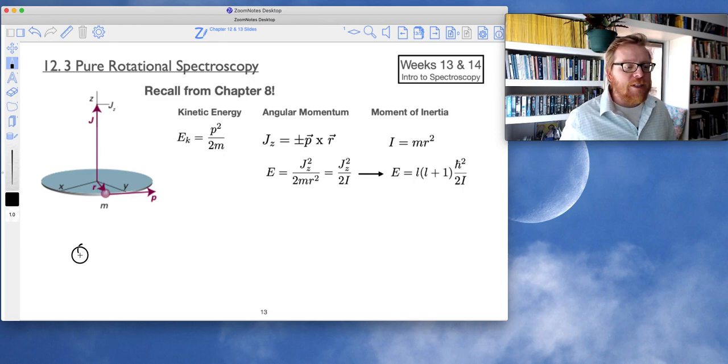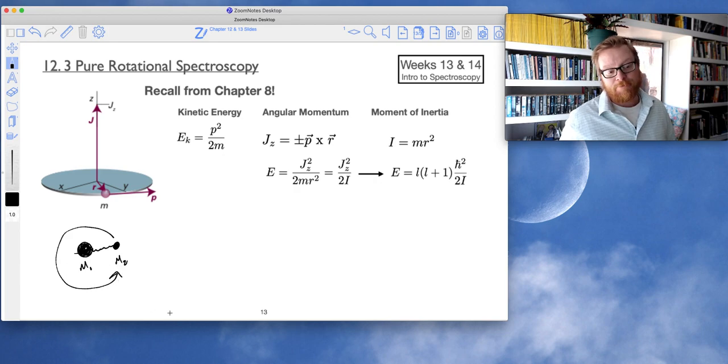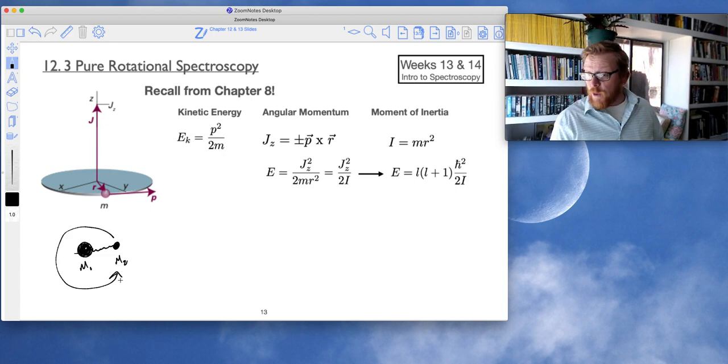We could also use this exact same model to describe a molecule with one mass on a spring and another mass rotating about each other. So we could apply that to the electron-proton system, or we could apply this to our rotors, our actual molecules. Okay, so recall the classical kinetic energy is given by p squared over 2m.